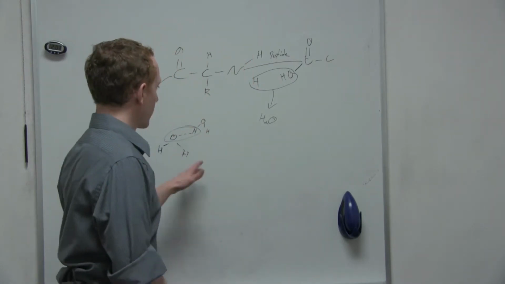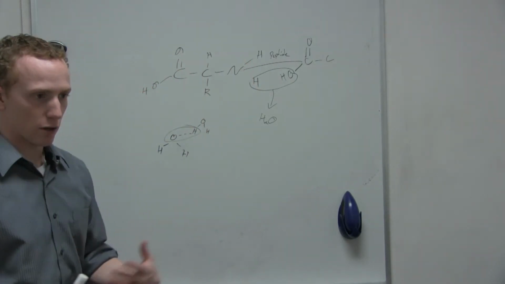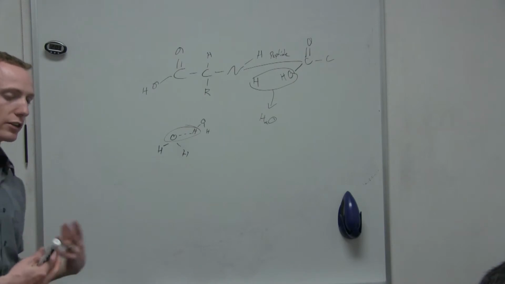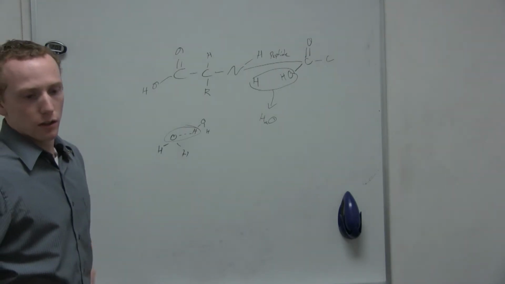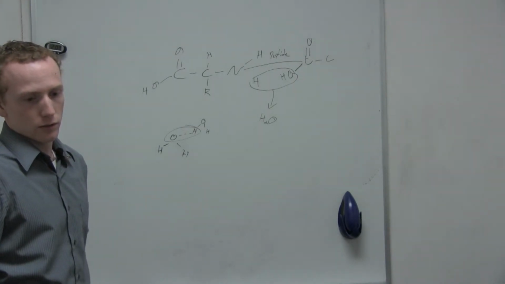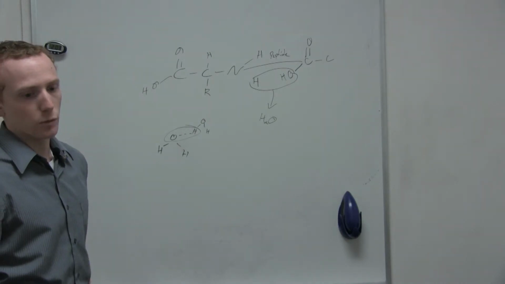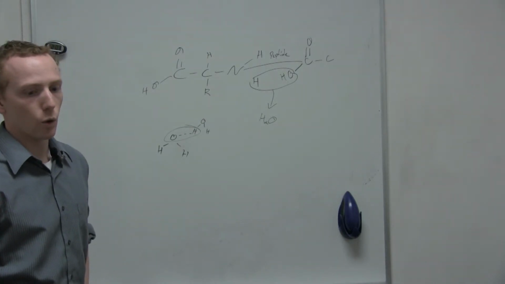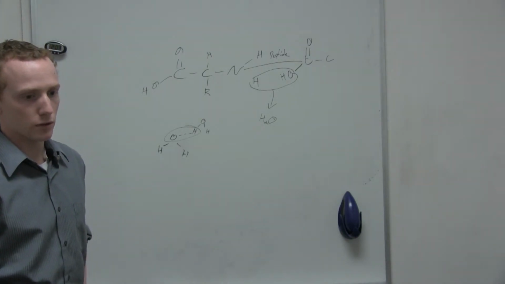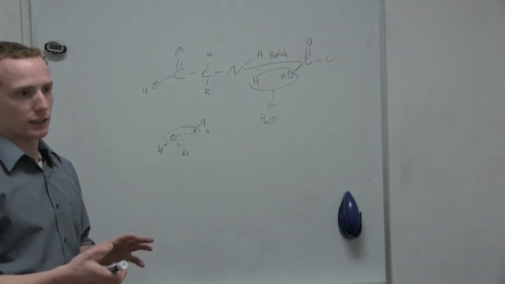Because of their charges, they're attracted to each other, forming those hydrogen bonds. So it all depends how it's formed. It depends on the order of amino acids, because they all have different little things about them.